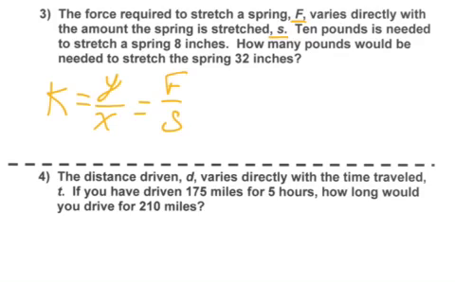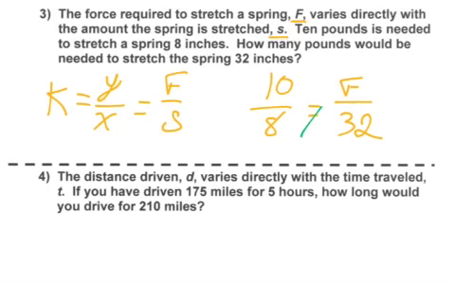Alright, let's try this out. 10 pounds is needed to stretch the spring 8 inches. So our first ratio would be 10 over 8, and that would be proportionate to what it's asking us to look for: how many pounds of force, that's the missing piece, is needed to stretch the spring 32 inches.